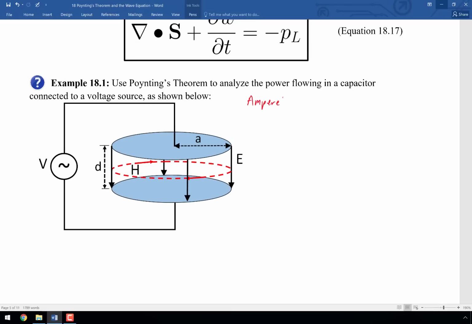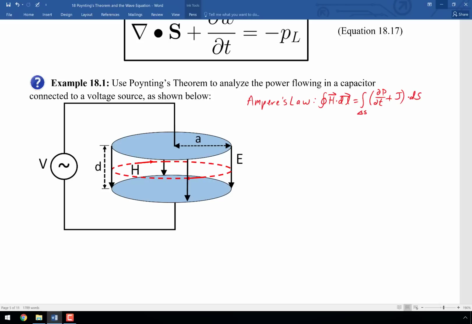Ampere's law says that the integral of H dot dl, and that is a line integral, is equal to the surface integral of the partial of D with respect to t, displacement current, plus conduction current, dotted with dS.